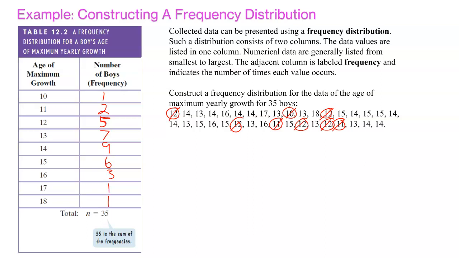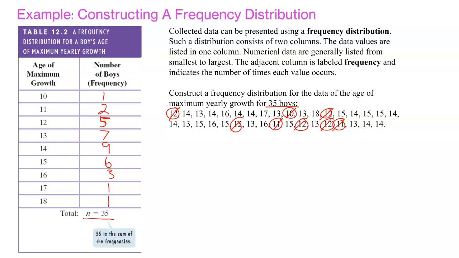Now, you should always double check this. Your frequency should add up to the total number that you had in your original list. They told us that this study was with 35 boys, so we should have a total sum of frequencies that equals 35. If it's off, then you need to go back and double check and make sure you didn't miss anything.